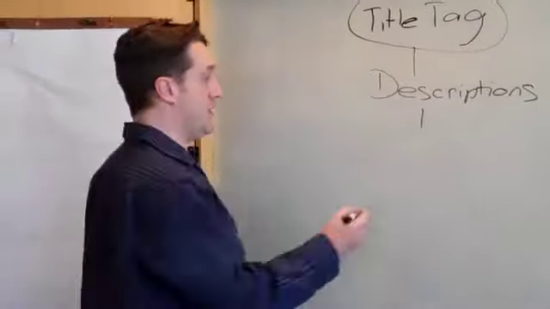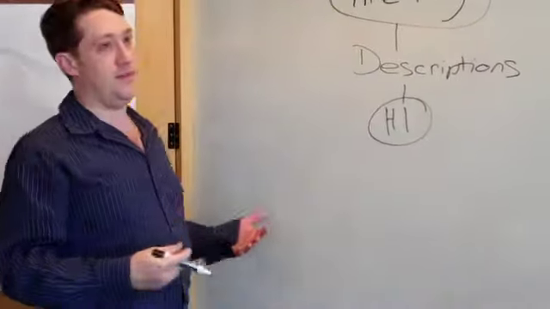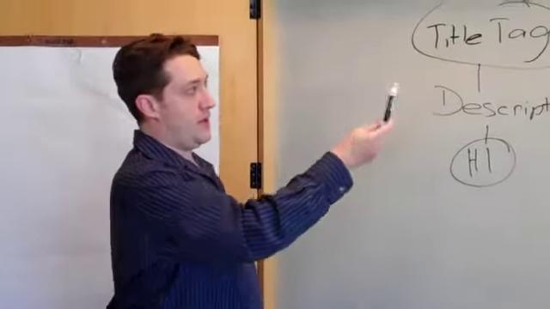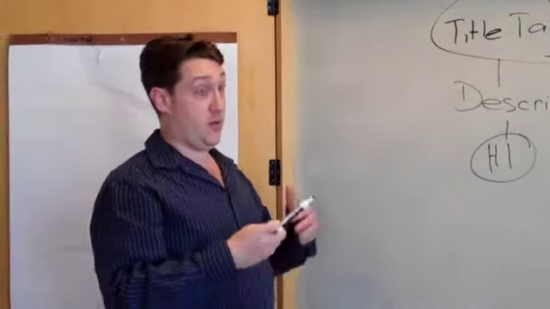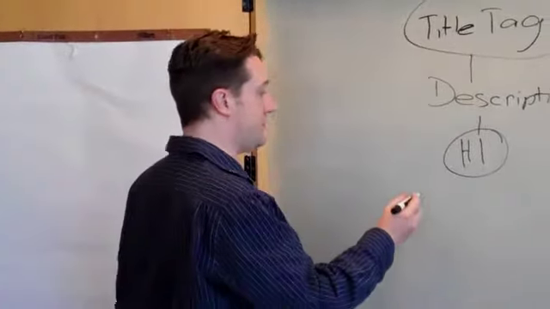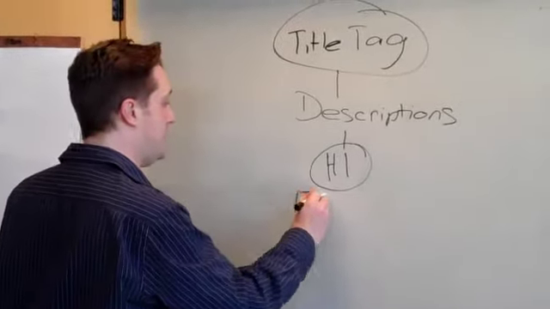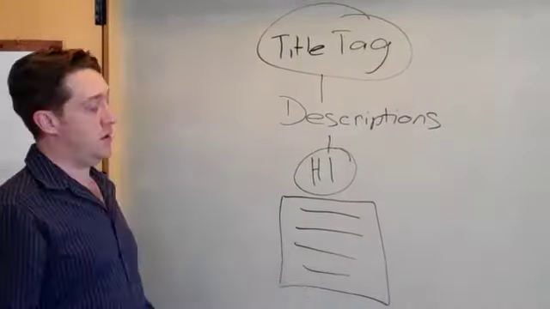We want to include the primary key phrase in the H1 tag, the headline for the page. When your primary key phrase is utilized in all of these elements, you're basically telling Google this is an authoritative word for the page. Also, we obviously want to include the primary key phrase as many times as we can within the content of the page.